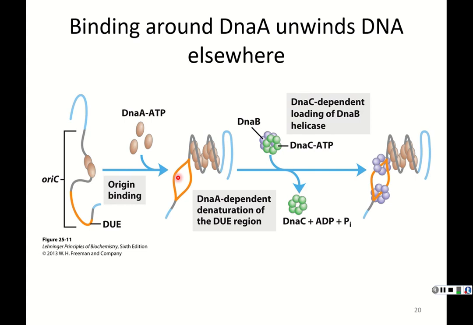And when that unwinds, now DnaB, the helicase, and DnaC can help. We didn't really talk about DnaC, but DnaB will go on both ends of the bubble that this is forming. Remember, DnaB is known as helicase. It's the protein responsible for unwinding the DNA.